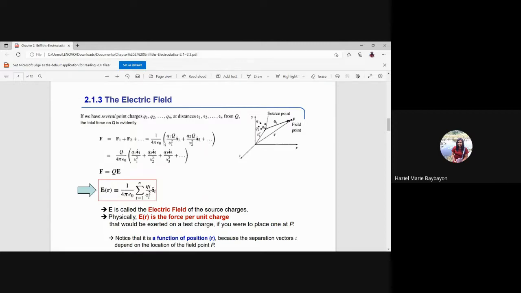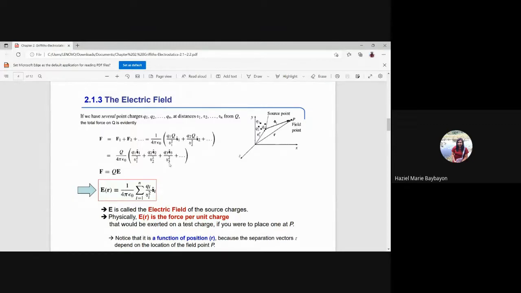Okay? Now, you can actually take Q out. Since Q is common to all terms here, no matter how many terms there are, Q is there. So we can take Q out of the parenthesis. So you have Q over 4 pi epsilon naught, and what is left inside the parenthesis are these terms.